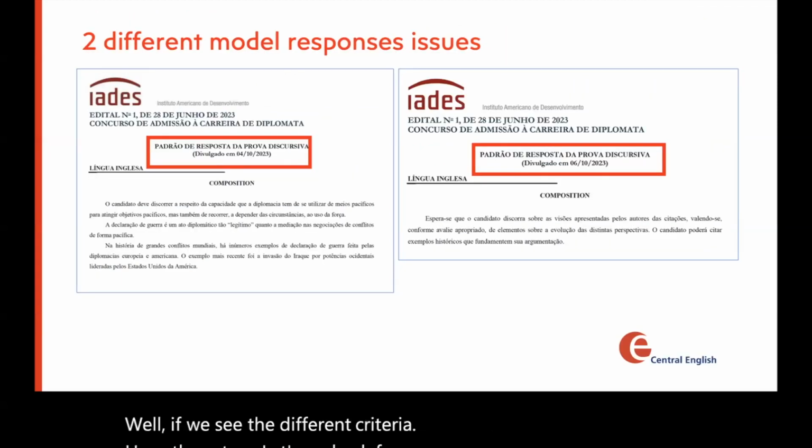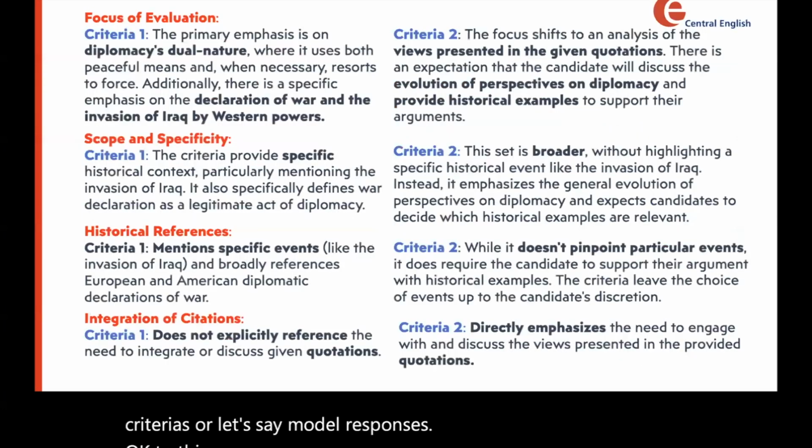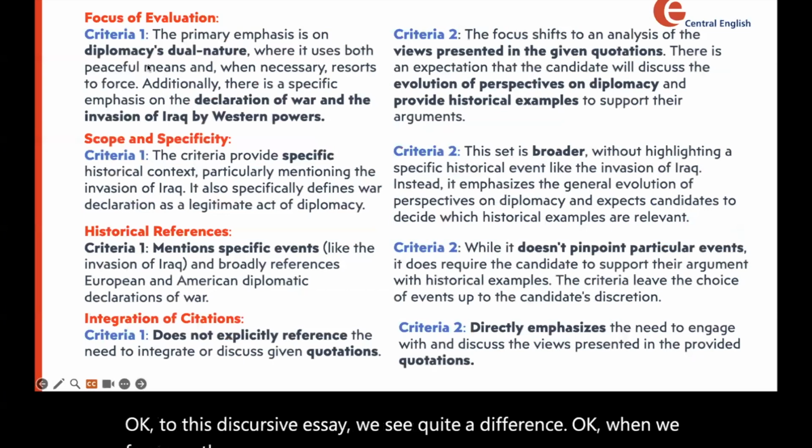Well, if we see the different criteria of these two, let's go back. For these two different composition criteria, or let's say model responses, to this discursive essay, we see quite a difference. When we focus on the evaluation, the first one is focusing on the dual nature of the peaceful means.